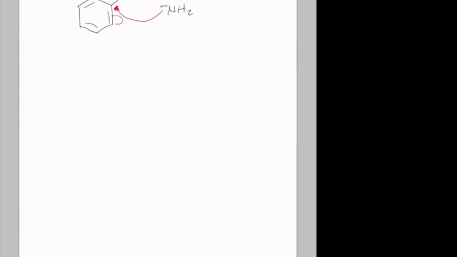The book actually first shows that it goes through this kind of reaction intermediate. Oh, no, that pair of electrons isn't there. And then in the next step, this pair of electrons comes back down and kicks off the leaving group.